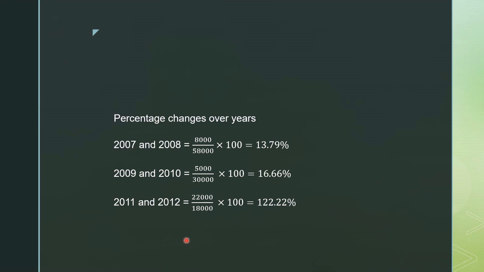That means 40 minus 18, 22,000 divided by initial 18,000 into 100, and we get the value 122.22%. So which value is minimum? 13.79% is the minimum value. So the correct option is A. Okay.